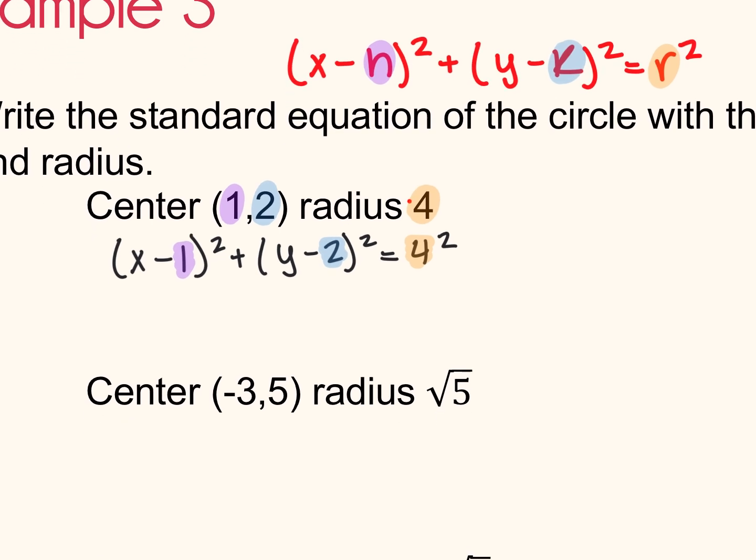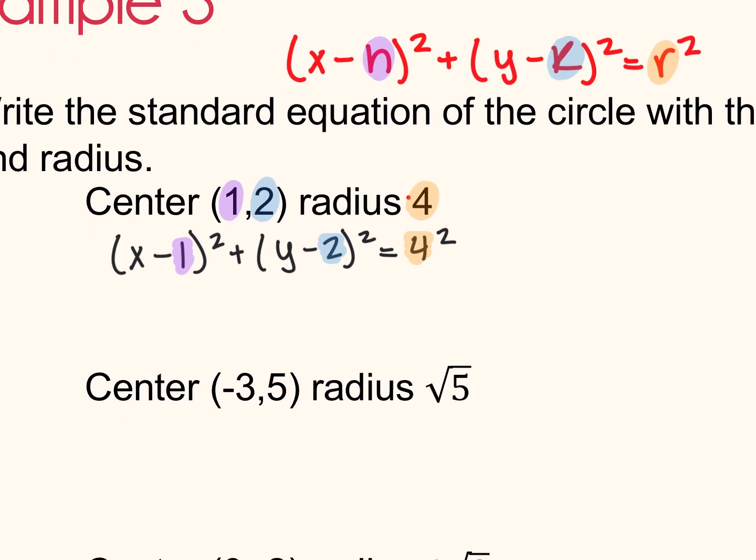Evaluating it, because we can, I could get rid of that 4 squared and solve it. My answer is going to be x minus 1 squared plus y minus 2 squared equals 16, and that's my standard equation. All right, questions on that one?